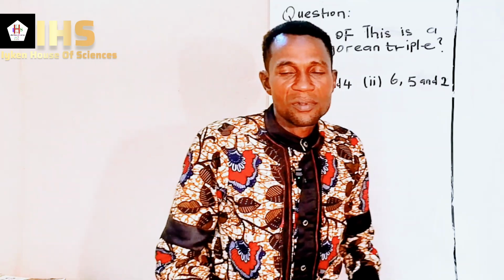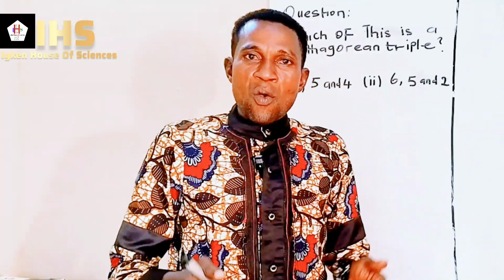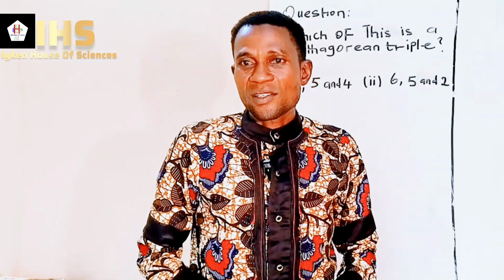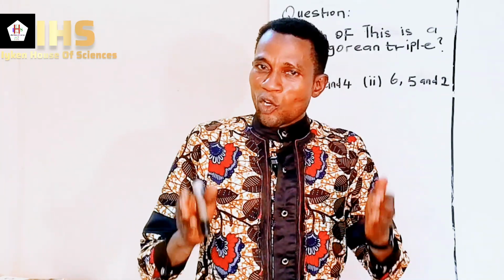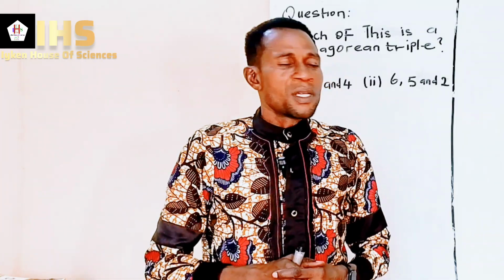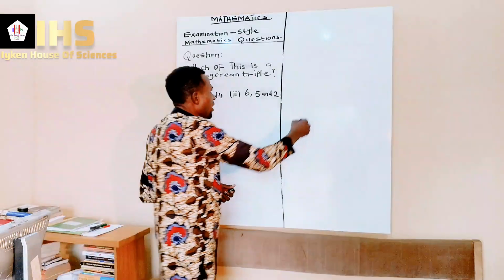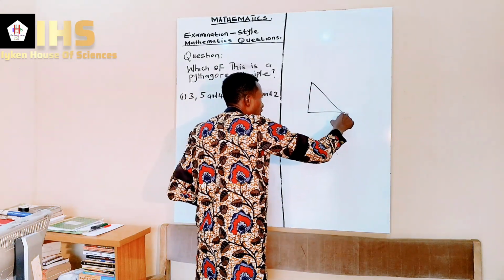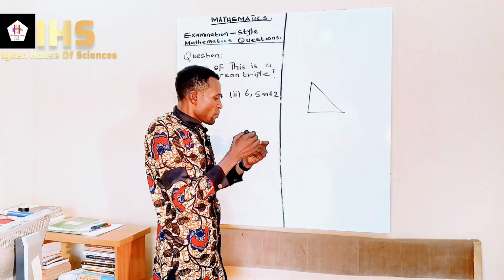Pythagorean triples are three whole numbers that obey the law of Pythagoras' rule. So, we have a right angle triangle to generate this.